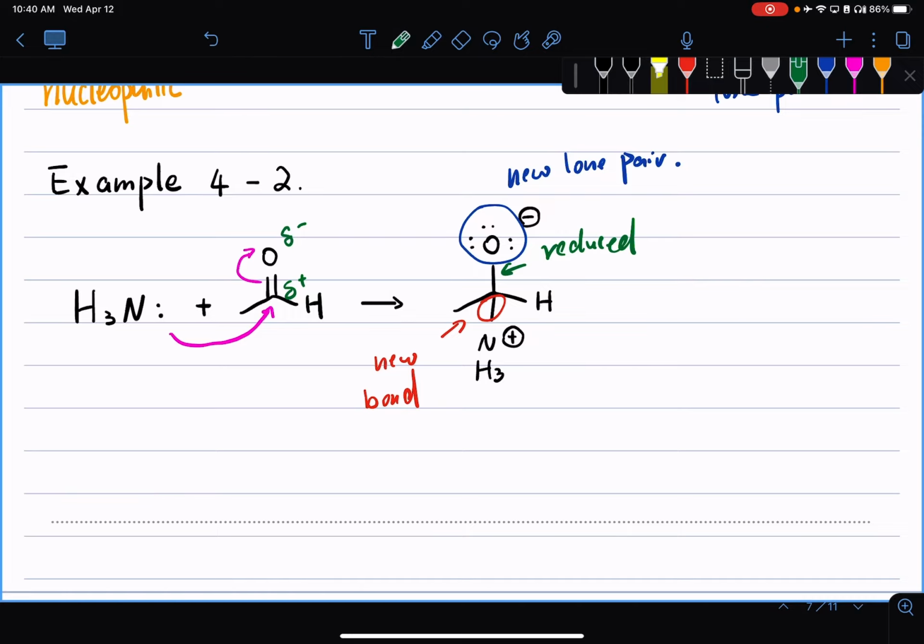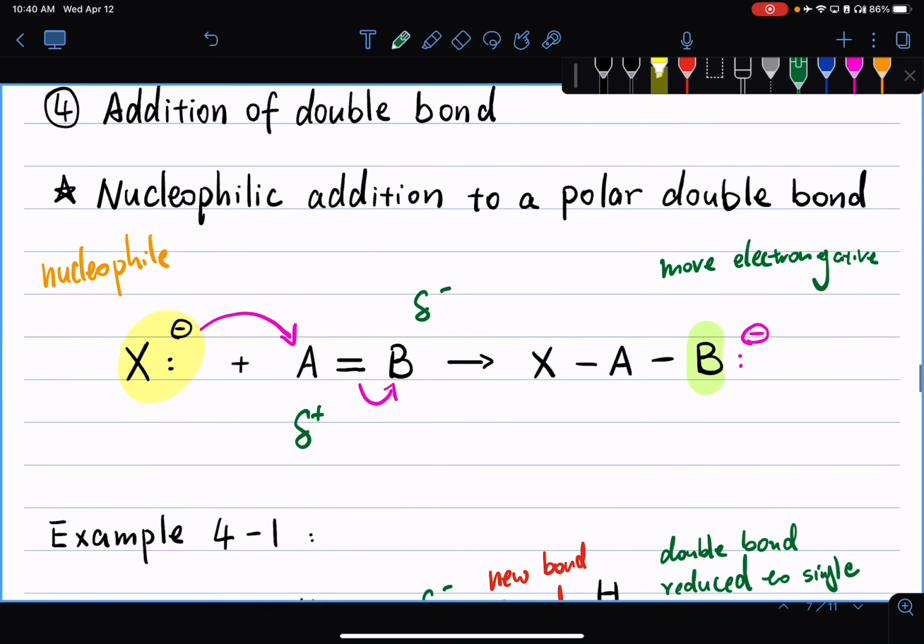In this process, if we go back to our general reaction, what we have is our X minus. Whether it's minus or just a lone pair doesn't matter, as long as it has a lone pair. It can also be a neutral species. So this lone pair attacks the more electrophilic atom in the molecule.